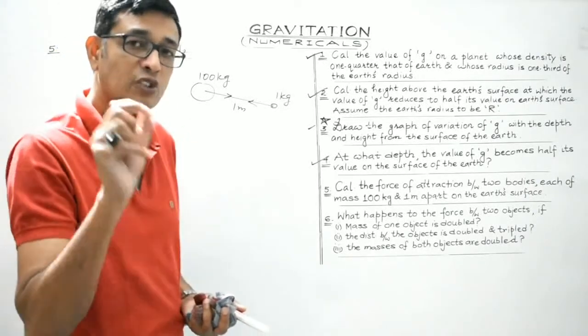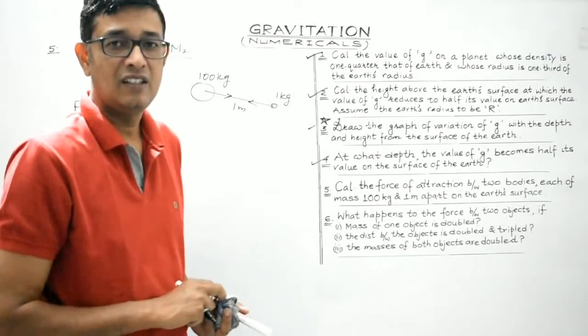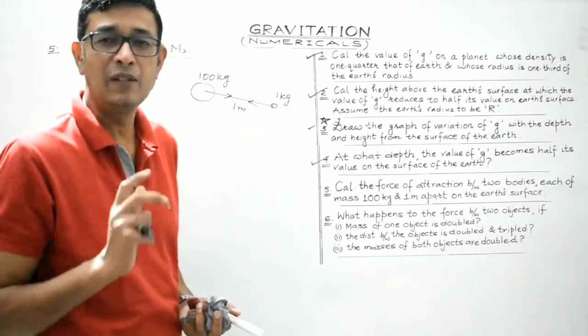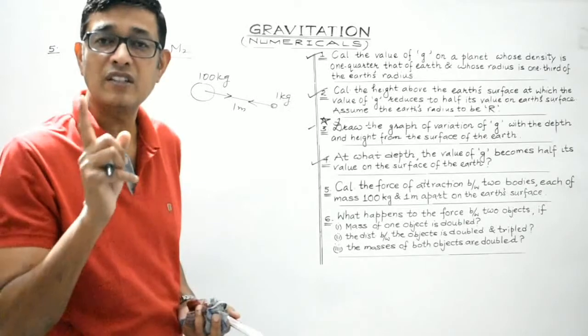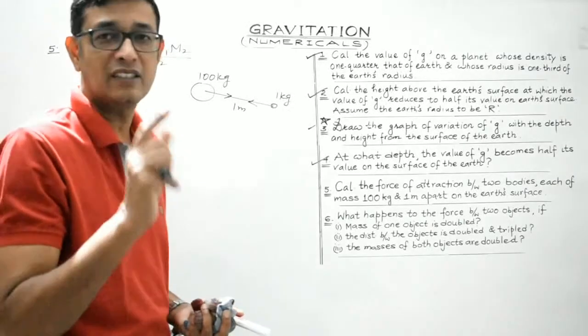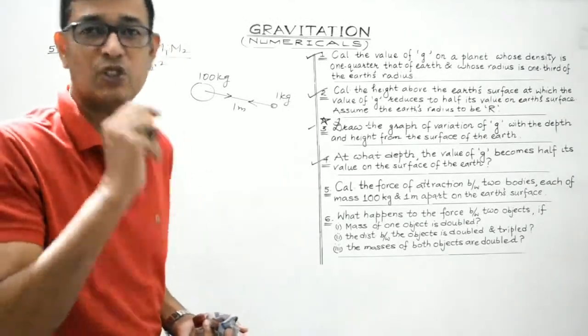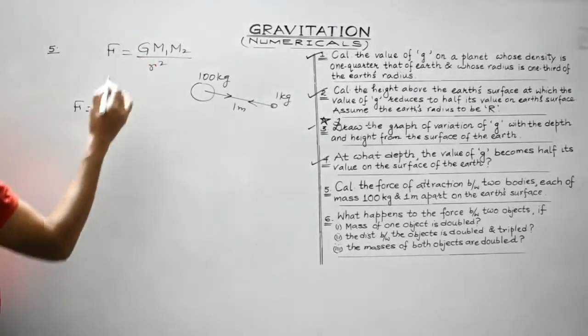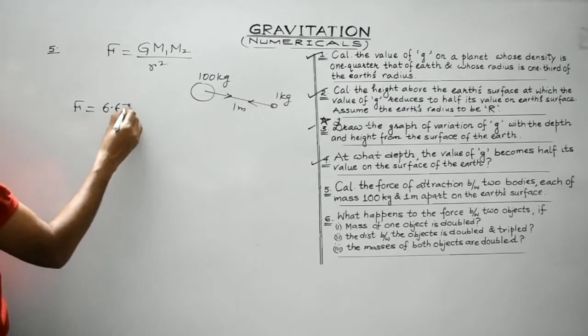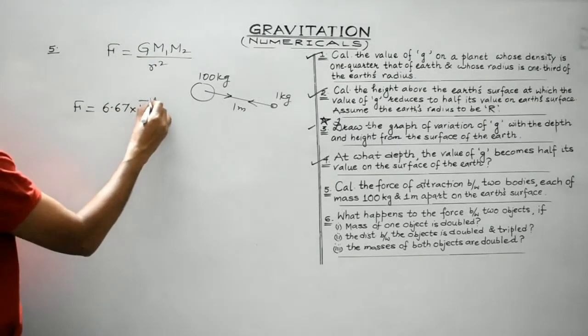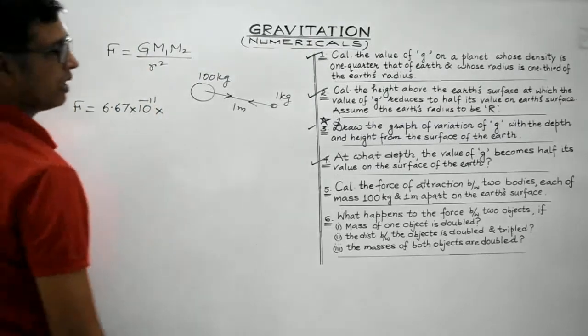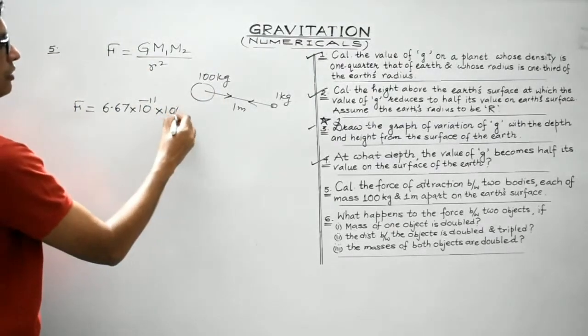And capital G is the universal constant. Its value everywhere in the universe at any place would be constant. It's 6.67 into 10 raised to minus 11 Newton meter square per square kg. So G, its value is 6.67 into 10 raised to minus 11. m1, one of the mass is 100 kg.